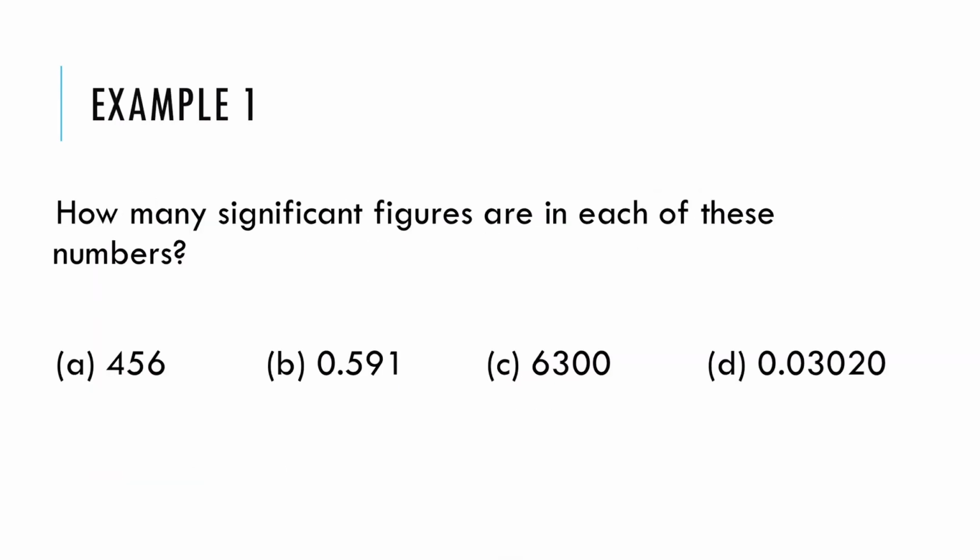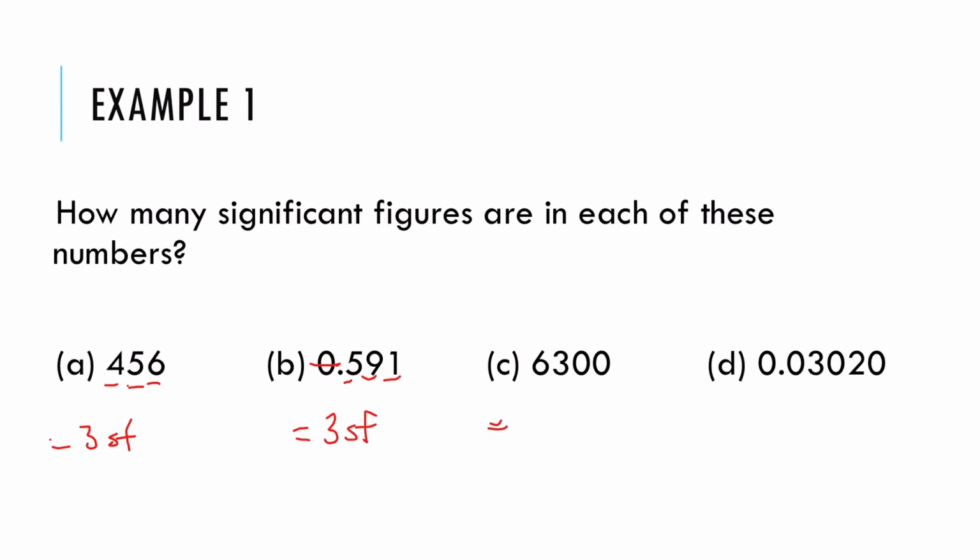Okay, so let's go through a few more examples then of identifying significant figures. So number 1 is nice and easy. They're all non-zeros. They all count as significant. So this one has 3 significant figures. In B, first of all, our non-zero numbers are always significant. Leading zeros are never significant, so again this has 3 significant figures.